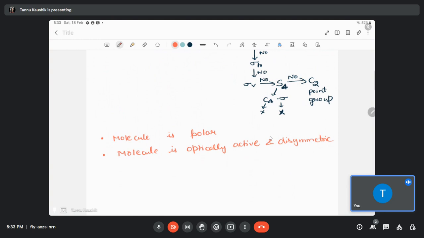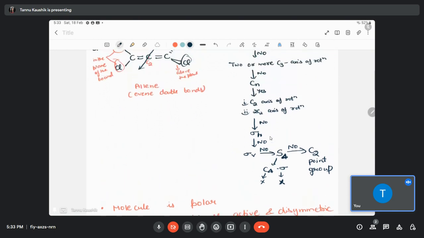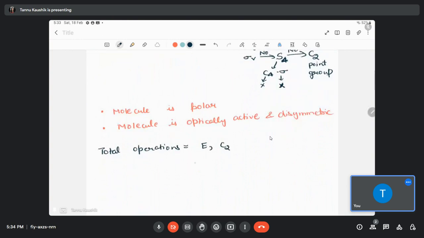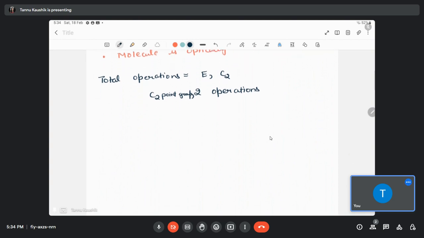So, what are the total operations we found out in this molecule? Which were E, C2 axis of rotation. These were the only two operations present in this molecule. So, we have two operations for this molecule. C2 point group and two operations. Okay.